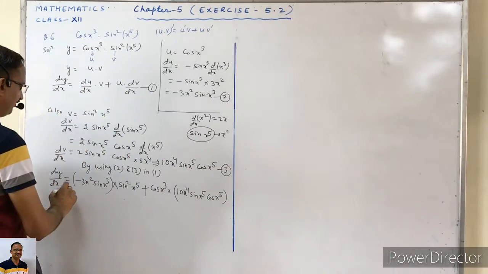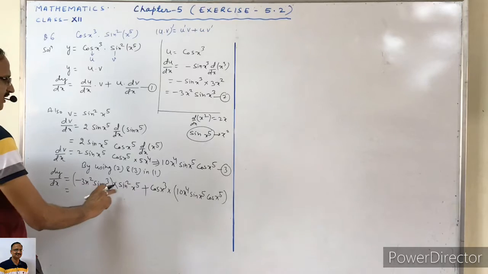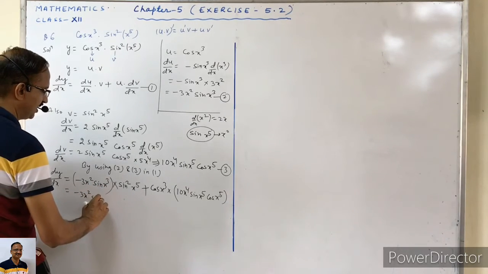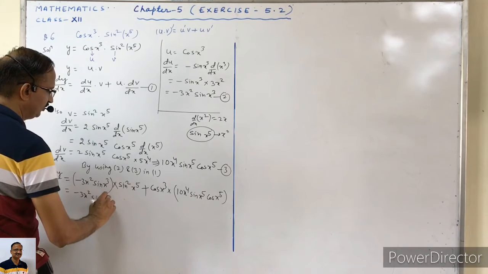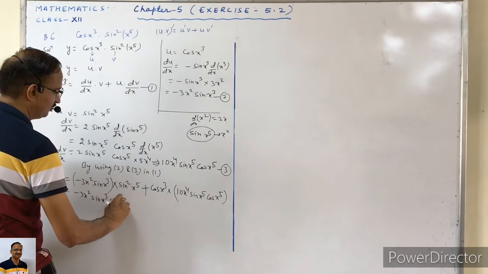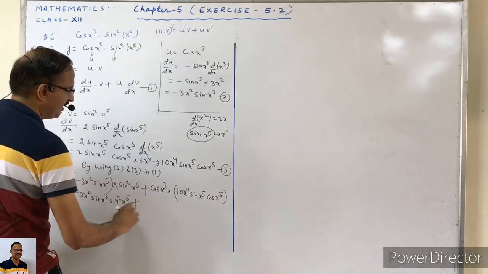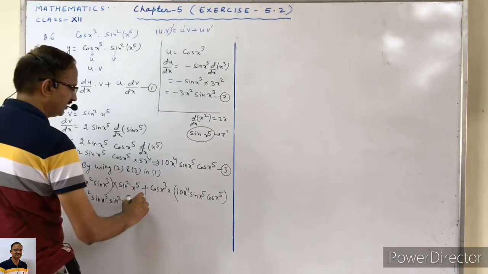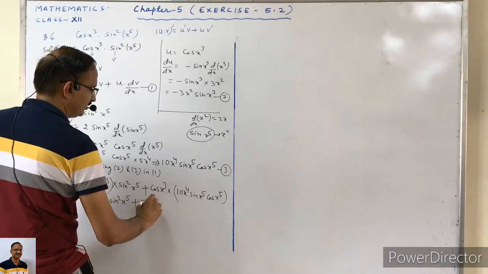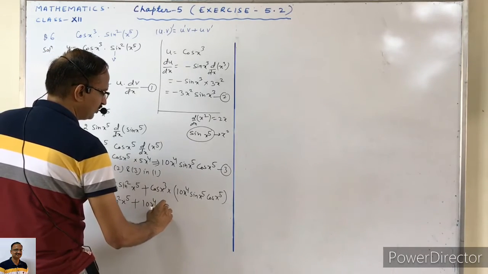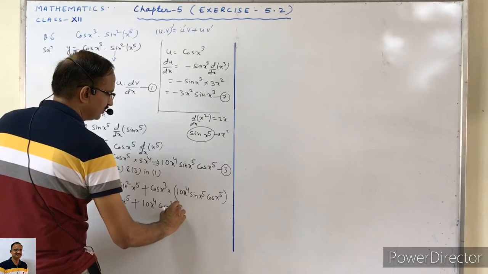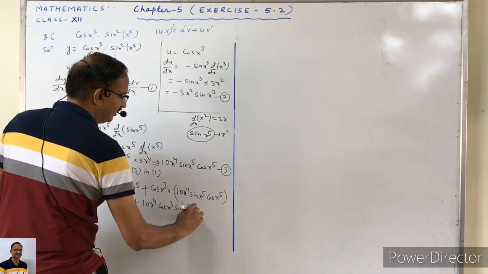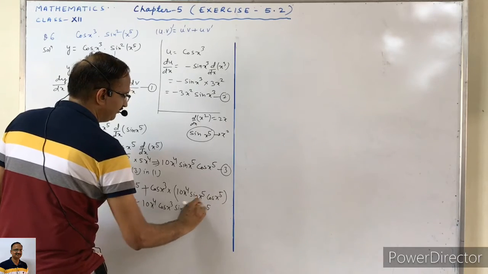Now finally when we multiply these, this is minus 3x square sine x cube sine square x raised to power 5, and this is 10 x raised to power 4 cos x cube sine x raised to power 5 and cos x raised to power 5.